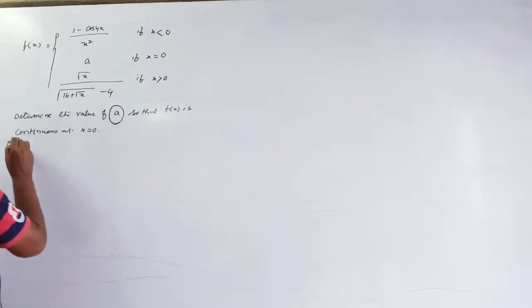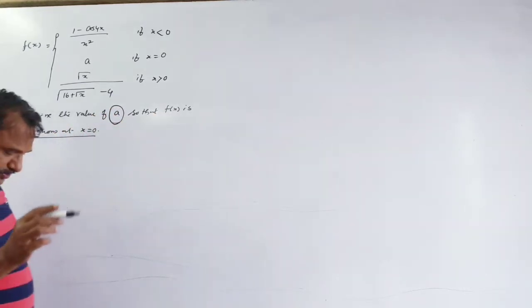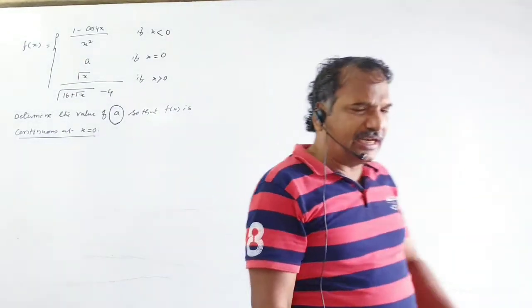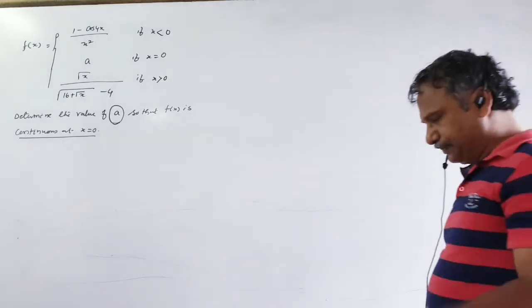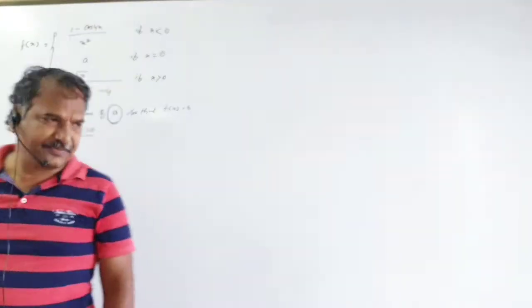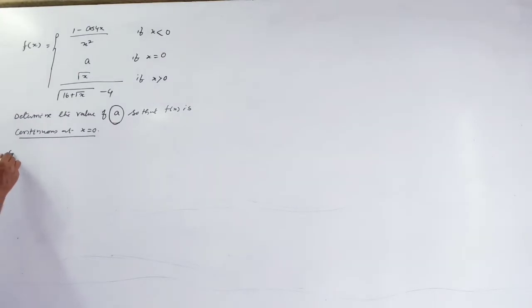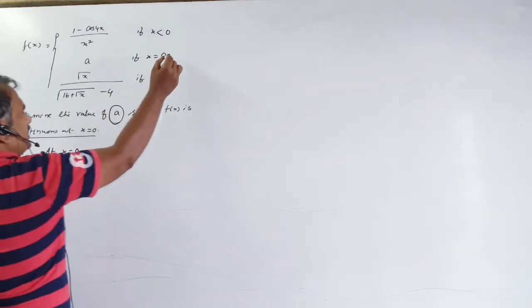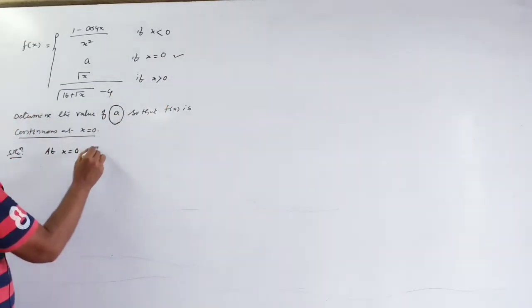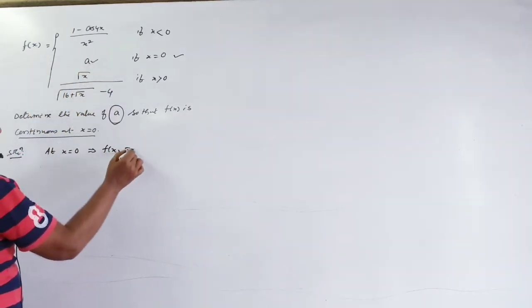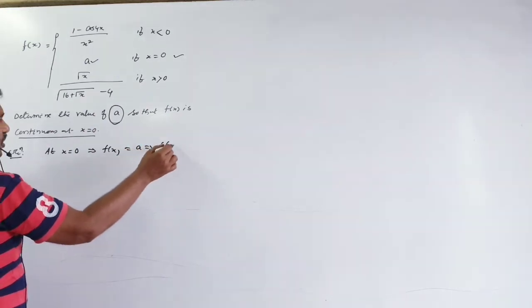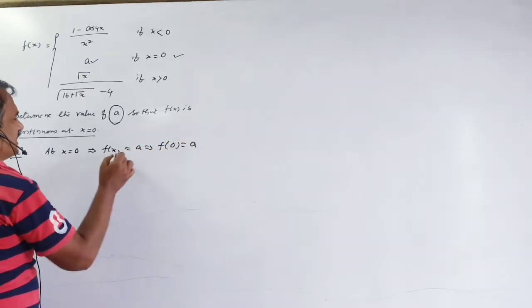The function is continuous, which means the left hand limit equals the right hand limit, which is also equal to f of 0. Now the solution. At x equal to 0, what is f of x? It is a. So f of 0 equals a, because it is a constant function.